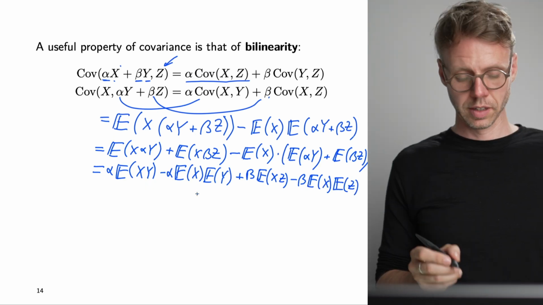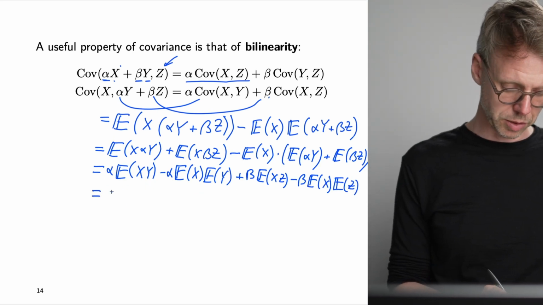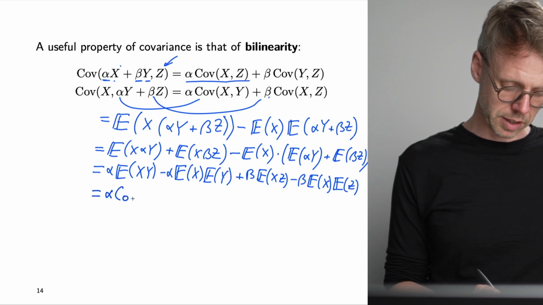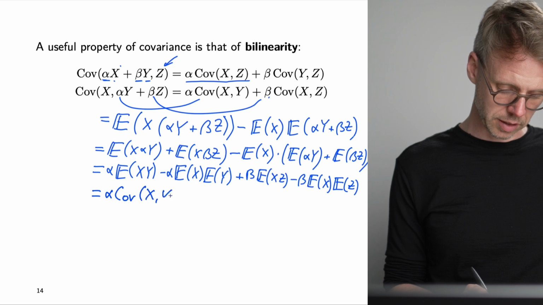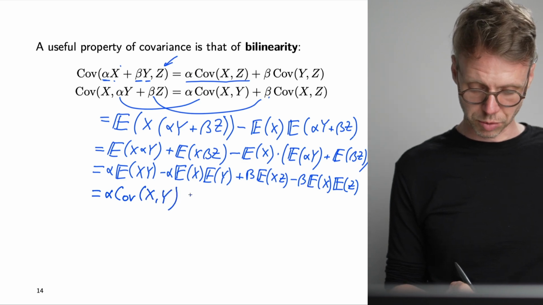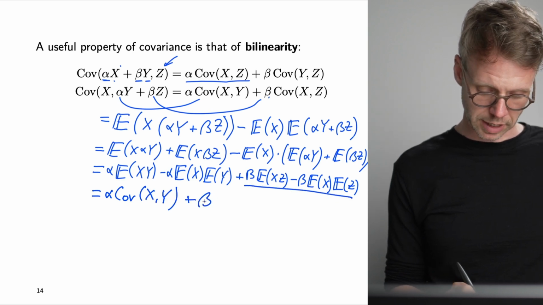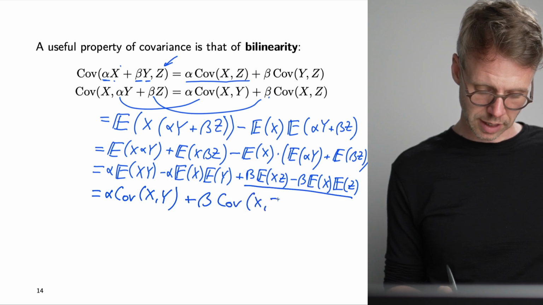And this first term here is equal to alpha times the covariance of x and y, and the second term is equal to beta times the covariance between x and z.